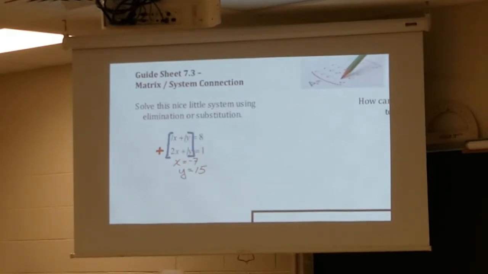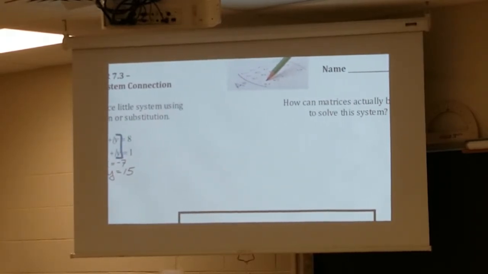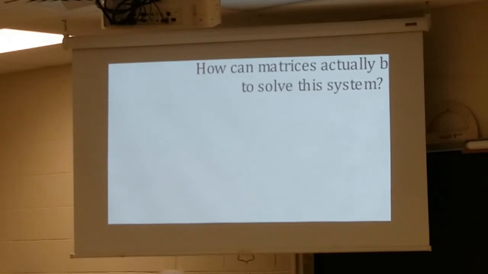Well, those coefficients make up a matrix, and so we're going to go ahead and pull that off to the side here, and we're going to put in those numbers 1, 1, 2, and 1. And we're going to call that matrix A. You'll find out why, but it's very common because that's the first matrix we made, just to let it be A.